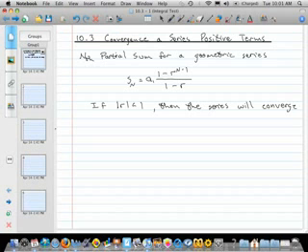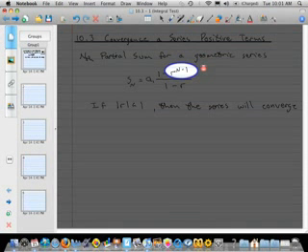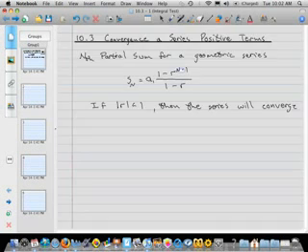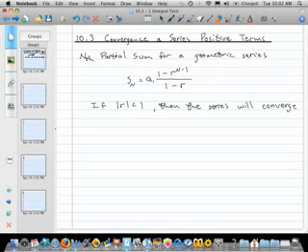And if you remember, the numerator here, if r is between -1 and 1, as I take it to a higher and higher power, it's just going to get smaller and smaller, so that numerator goes to 0. So this will converge to, I'll write it as S sub infinity.